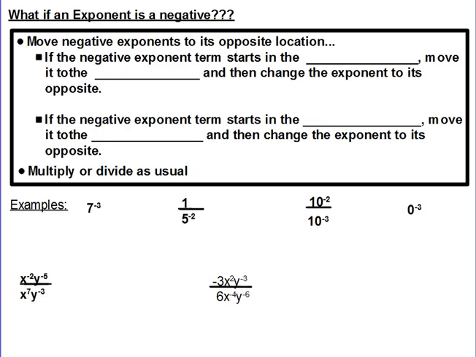When the exponents are negative, your scenario changes slightly. You're going to end up moving negative exponents because we can't leave our answers with negative exponents. It's not proper. So when you are looking at negative exponents, you're going to move it to its opposite location. If the negative exponent term starts in the numerator, you move it to the denominator.